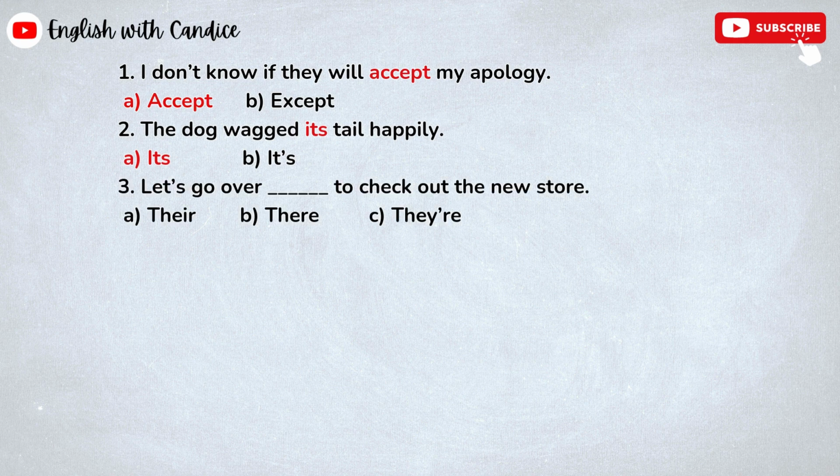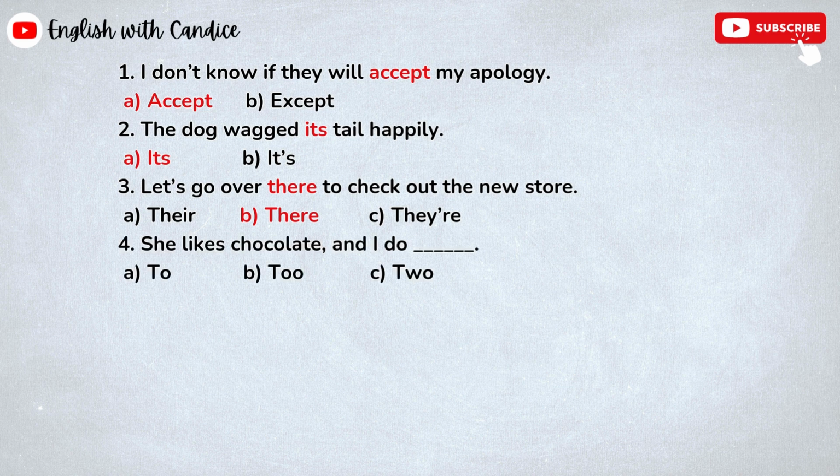Next, we have let's go over there to check out the new store. Which there will we use? Our answer is B. B is referring to a place, which makes sense in this context. Remember, their spelled T-H-E-I-R, so A is possessive, and therefore C is a contraction for they are.